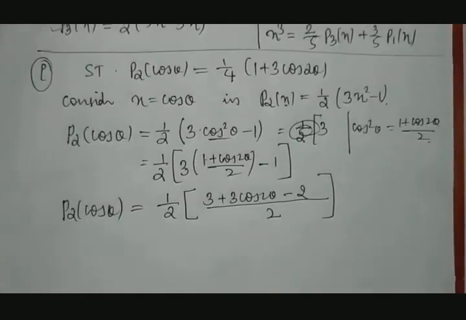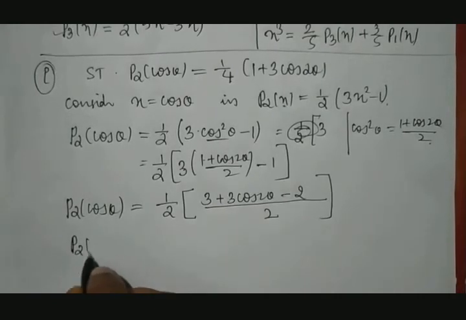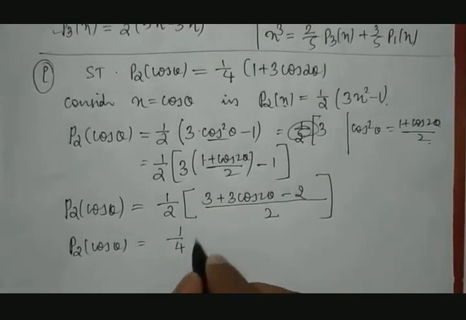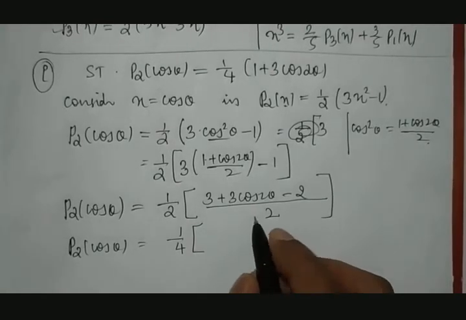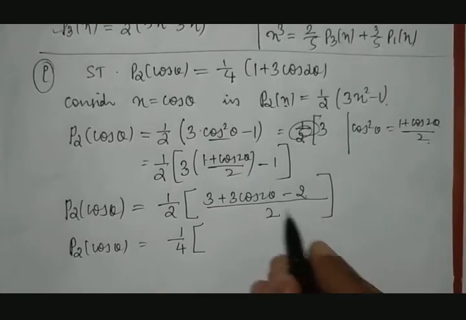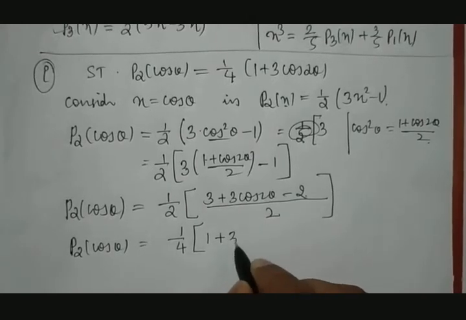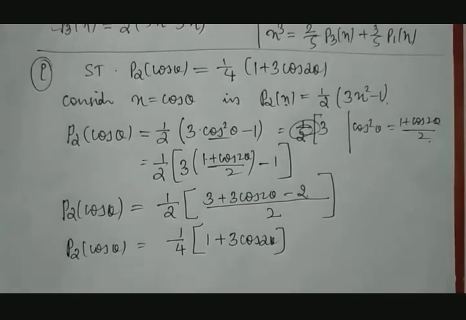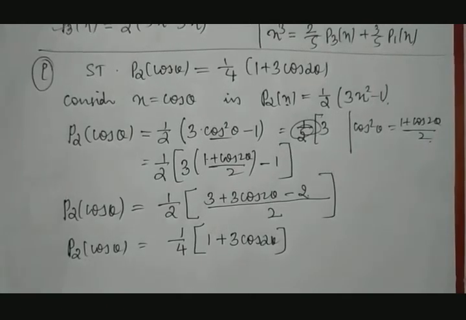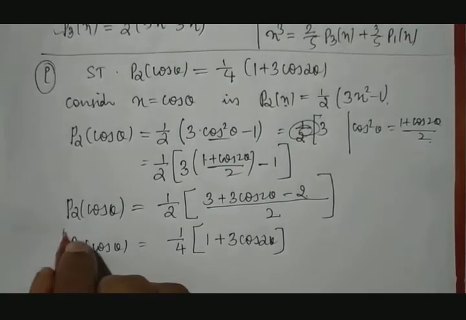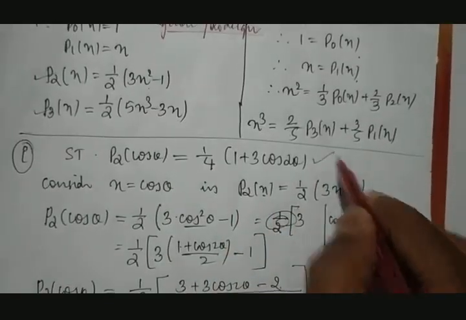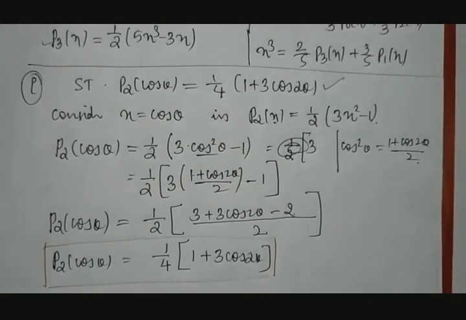Therefore, P2 of cos theta is equal to, 2 into 2 is 4, so it is 1 by 4 into 3 minus 2 will be 1 plus 3 into cos 2 theta. Therefore, this is the required result. They told us to prove this, and this is the result.